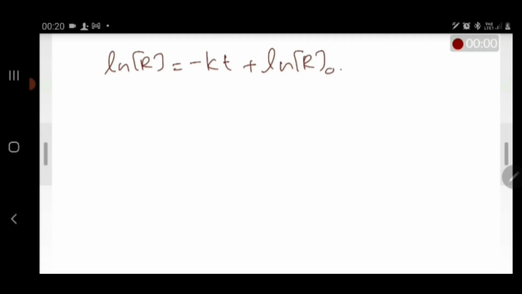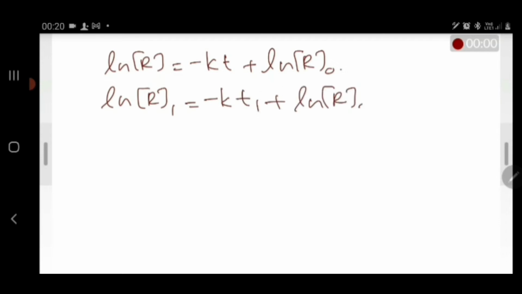If you consider a situation where the concentration of the reactant is R1, you can write minus kt1, because at t1 it happens, the initial concentration will not change. You can write like this. If you consider one more situation where the concentration of the reactant is R2, then minus kt2 plus ln R naught.